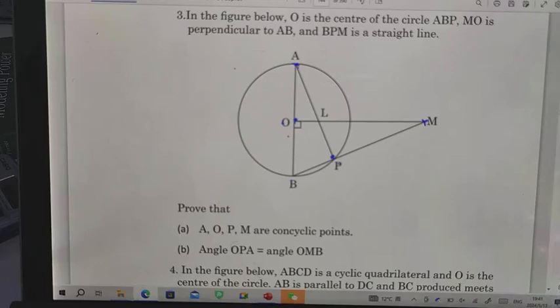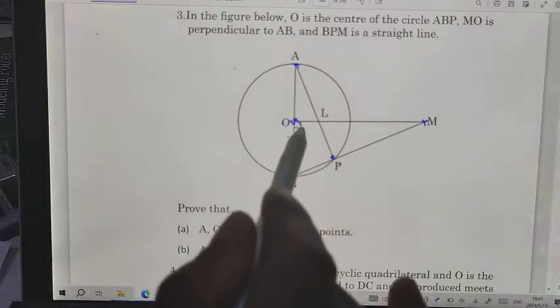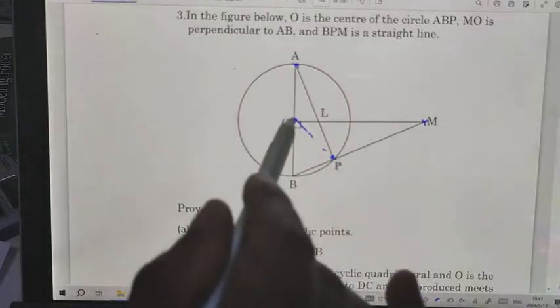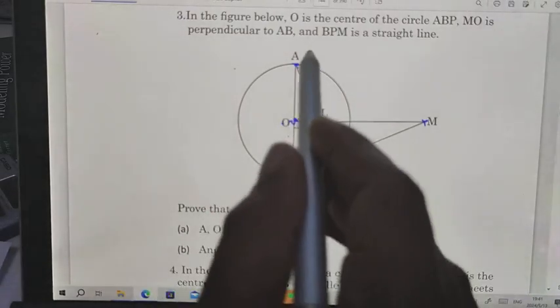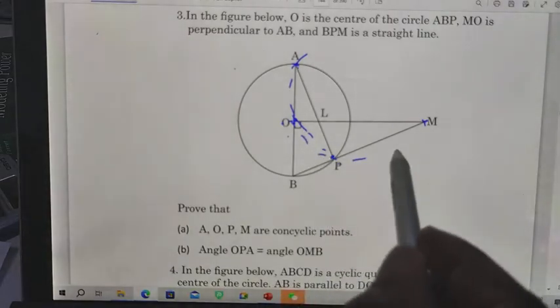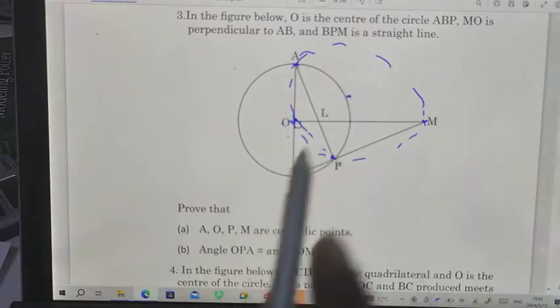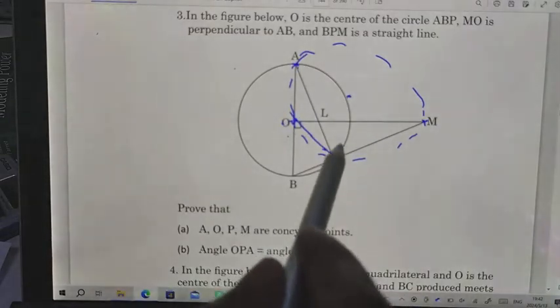You need to assess which theorem I have to use for the points to be concyclic points.